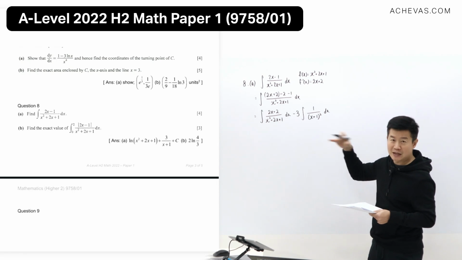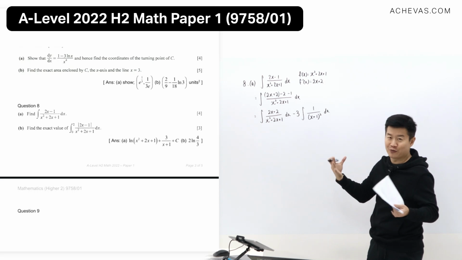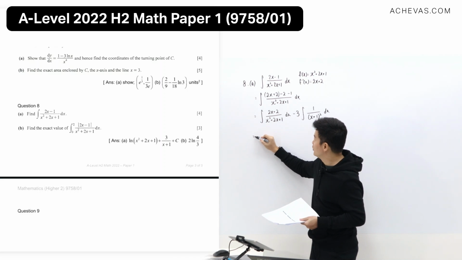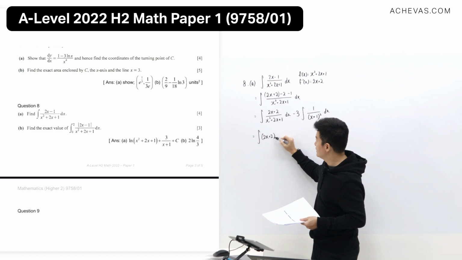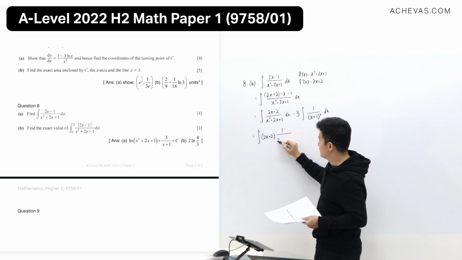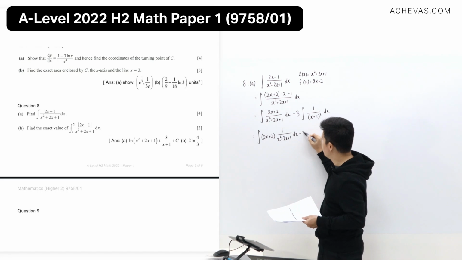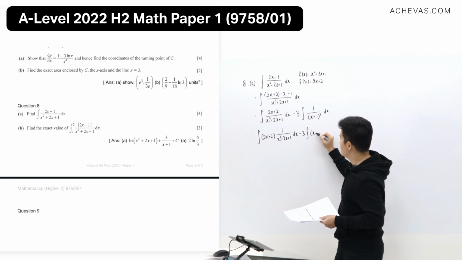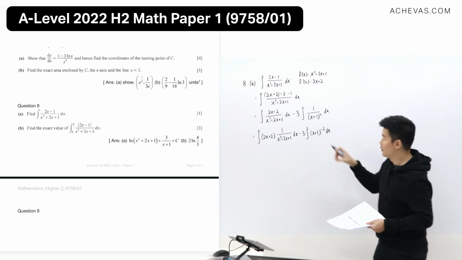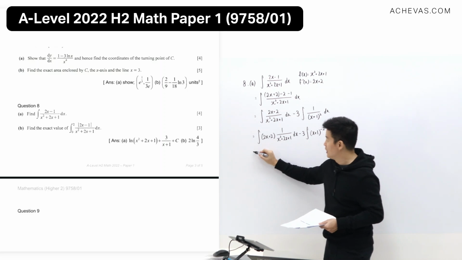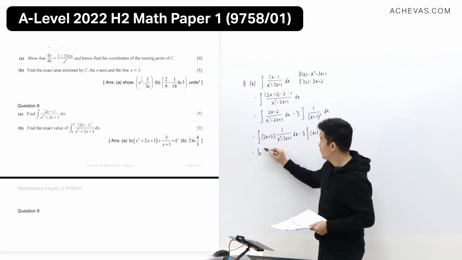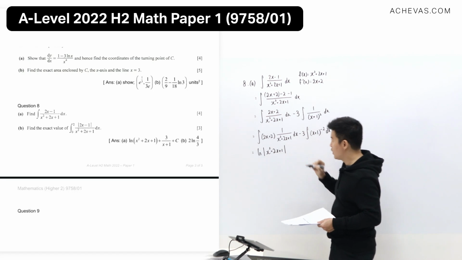Let me just rewrite this so that it's easier for us to follow through. So this is going to be my f prime x is this, and f(x) is this x squared plus 2x plus 1. And for this, let me just rewrite this as this, which is easier, at least for me, to carry out the process of integration. So this will be ln of x squared plus 2x plus 1.